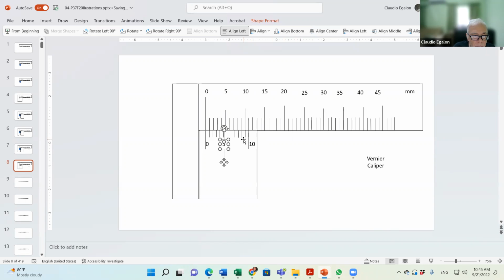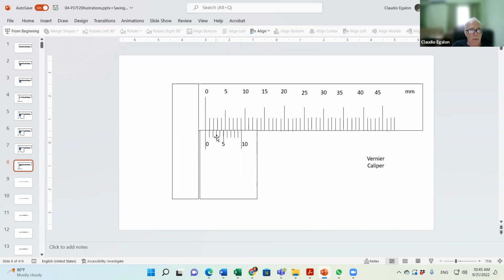Here we go. Now I should have it right. That's how the vernier scale should be displayed. Now we have it right.